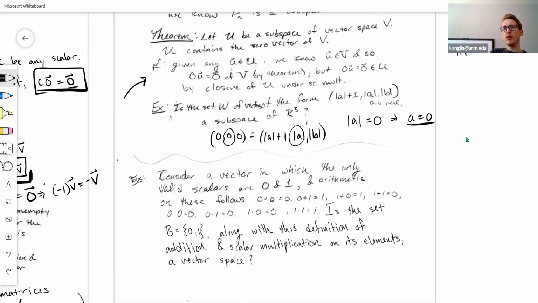But if A is 0, then absolute value of A plus 1 is 1 here. It's not 0. So this doesn't work. We can never choose real numbers A and B so that a vector of this form looks like the 0 vector in R3. We can say the 0 vector is not in W. So W cannot be a subspace of R3.